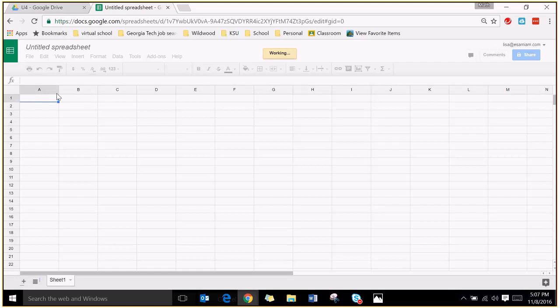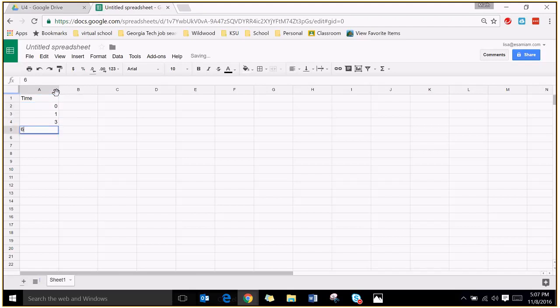This is the only column where you actually hard code those values in. And you're going to go all the way down and eventually hit 30, and then you're going to go all the way down and do 45.